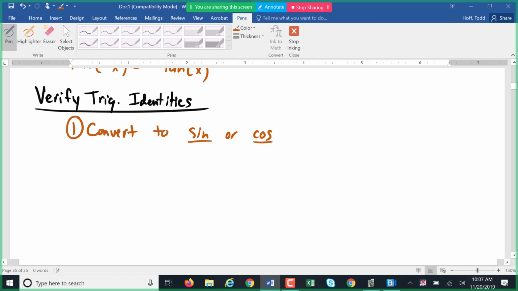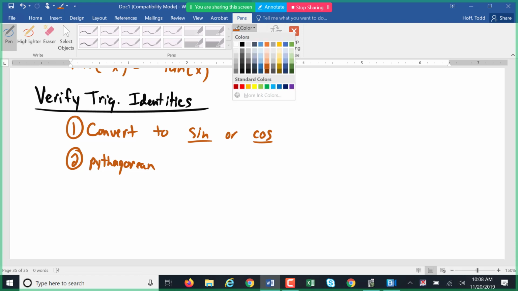Even the tangents, I put that ratio identity in there to make it sine over cosine. So everything's in terms of sine or cosine. Then I look for one of those other identities. I look for Pythagorean or some other identity to manipulate it to get one side equal to another.